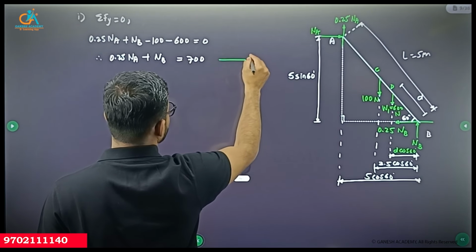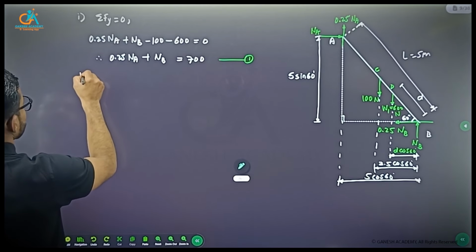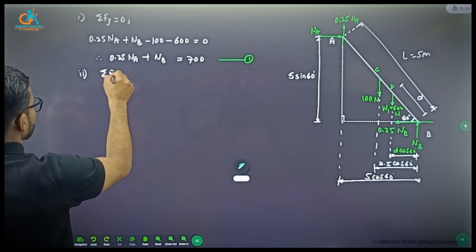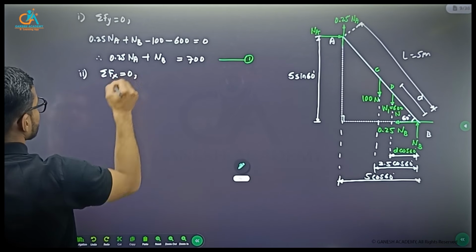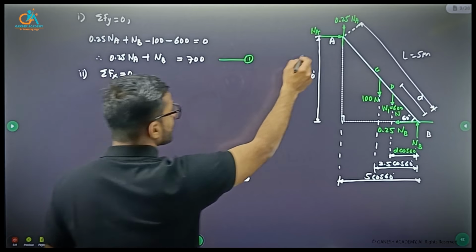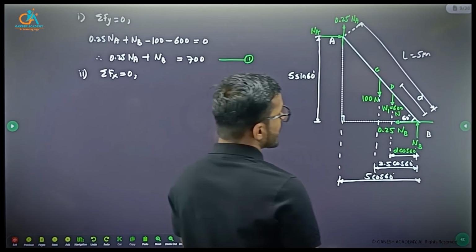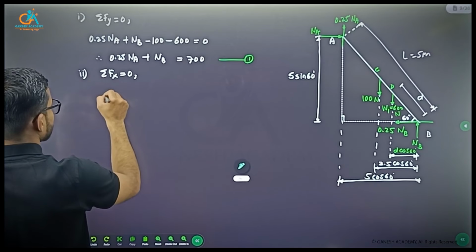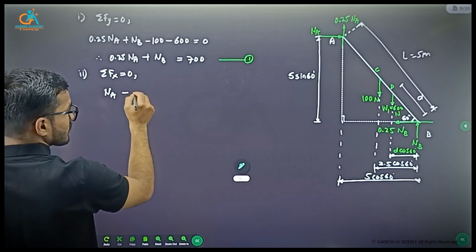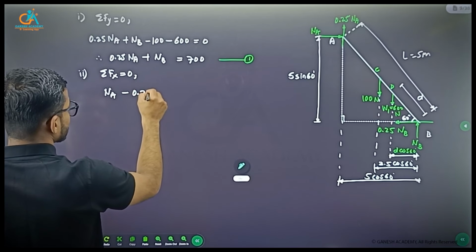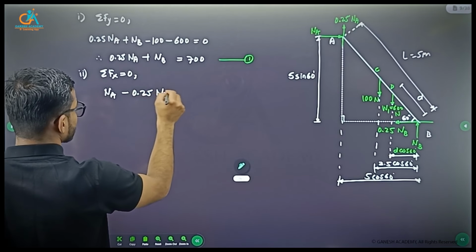Right? Equation 1. In second, another equation, summation of horizontal force. Na towards right, then NB towards left. So Na towards right positive, 0.25 NB towards left negative.